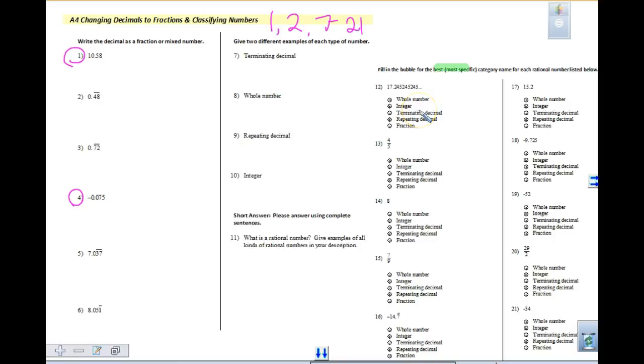No. Negative, no. Terminating decimal? No. It doesn't end. Terminate means end. Does it end? No. Repeating. Does it repeat? Yes, it does. 2, 4, 5, 2, 4, 5, 2, 4, 5, right? So we put repeating. Could we write a repeating decimal as a fraction? Well, tomorrow you're going to see that yes, we can. But you can just go with that.